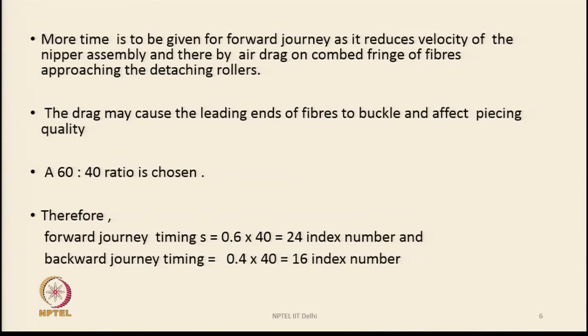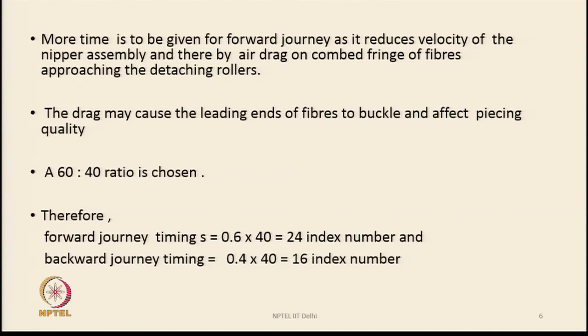Therefore, the equivalent number of index or mark that we see on the index wheel for forward journey, if we give 60% time, that means it will be 0.6 into 40, that is 24, and for the backward journey the timing will be 0.4 into 40, that is 16.